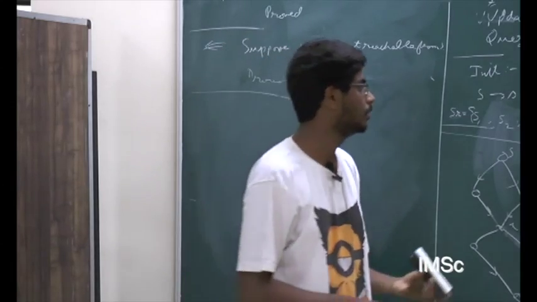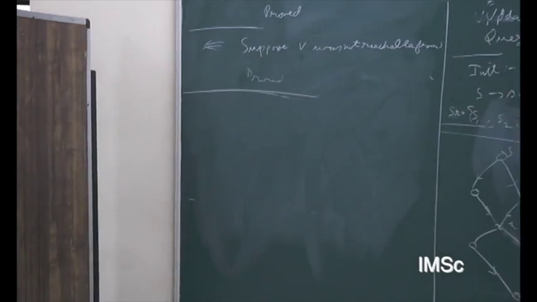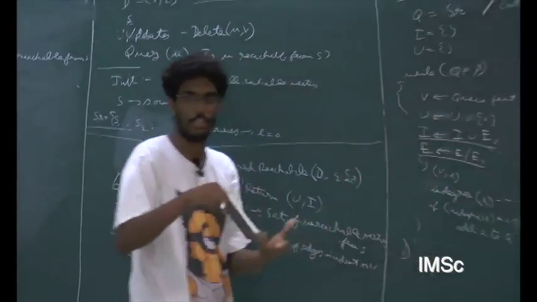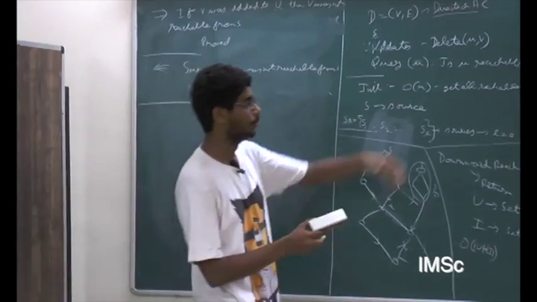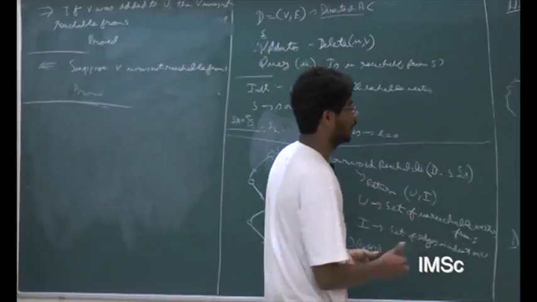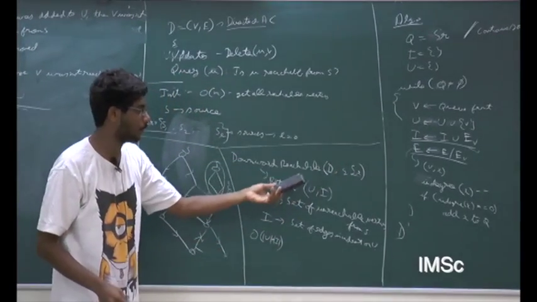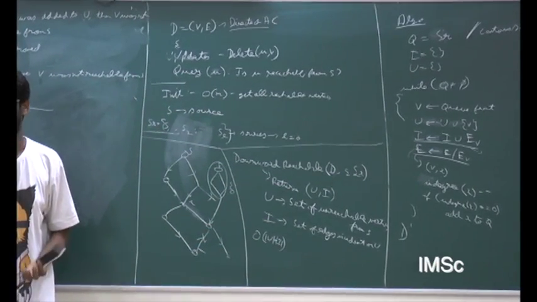Fine. So now what is the running time of this algorithm? How many vertices are added to the queue? It's exactly mod U, so the while loop runs mod U times. And in this loop, deleting every edge, I look at every edge in I exactly once.